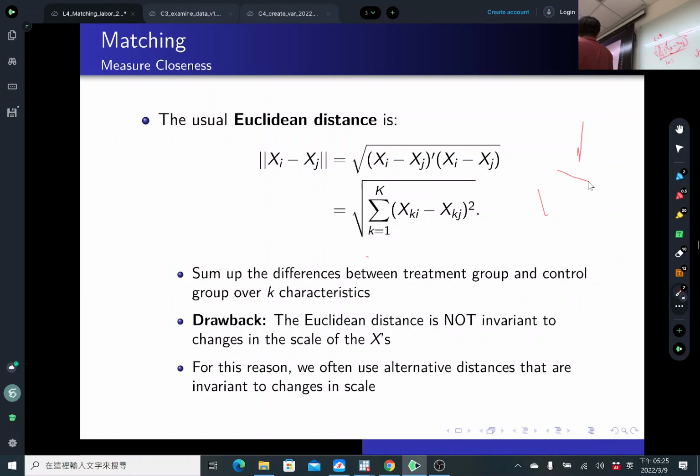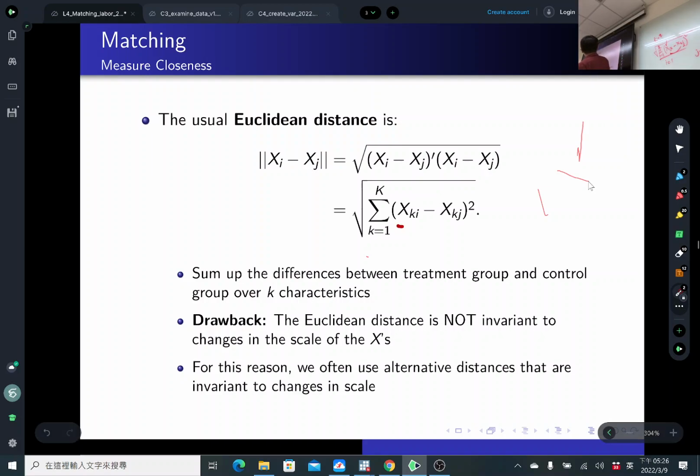But there's a drawback to this measure, because it is not invariant to the unit, the scale, of x. For example, when you measure weight, you can use gram or kilogram. 1 kilogram is equal to 1,000 grams.